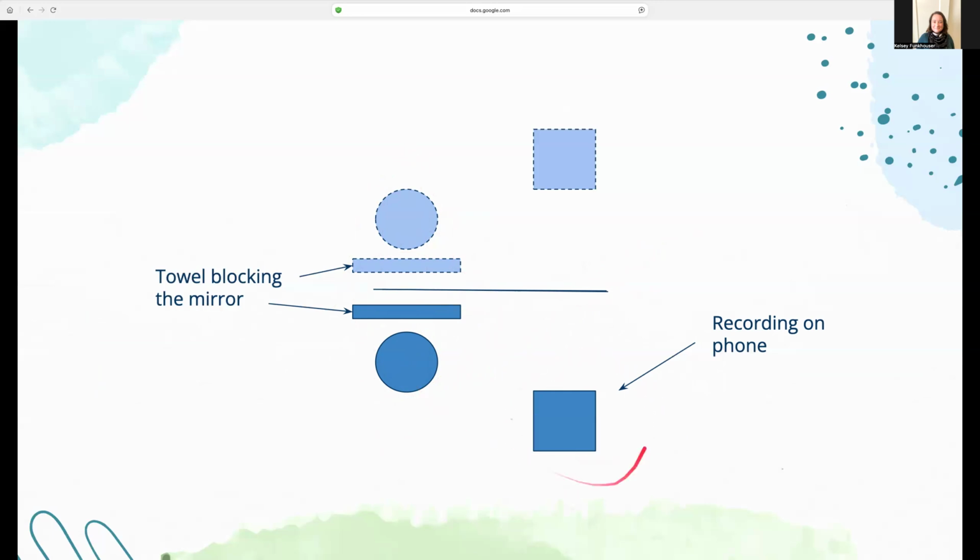But the person with the phone is off to the side. So let's see what they, and therefore the phone, can see. So we just need a line connecting them to where the person appears to be in the mirror. And would you look at that?